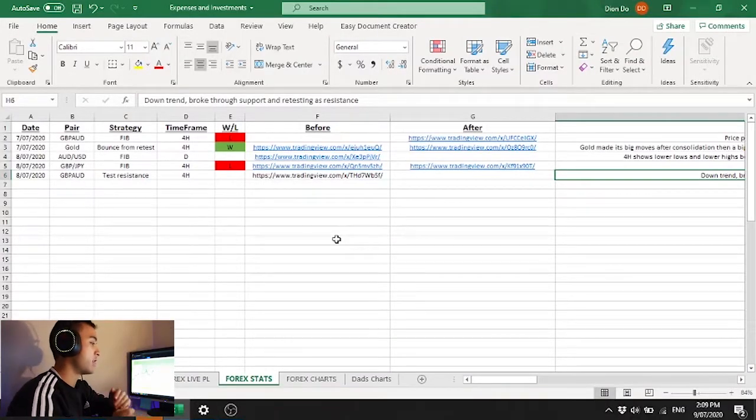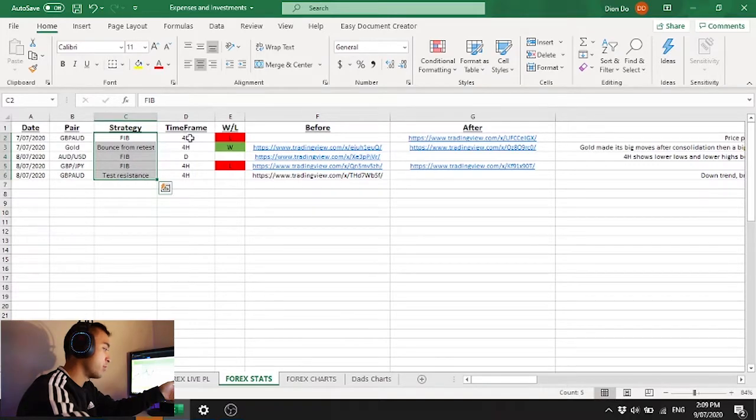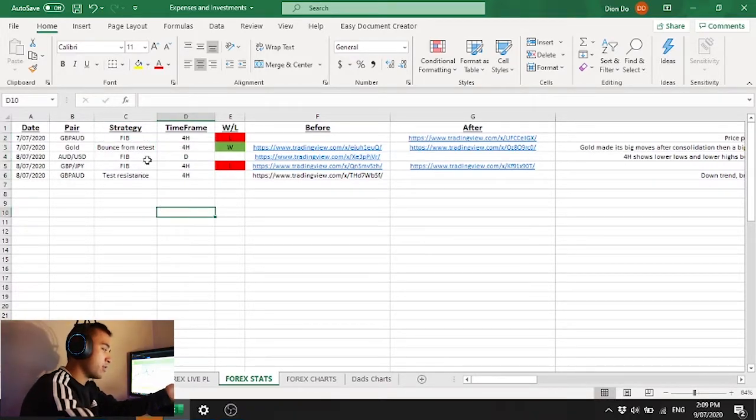Alright, so to get started with this trade analysis, as you can see, I have changed the way I document my trades. It's easier this way because I get to see which strategy I've used and what time frame I was trading on, so I can see what strategy works best for me, or what time frame works for me, or what strategy works best on what time frame.